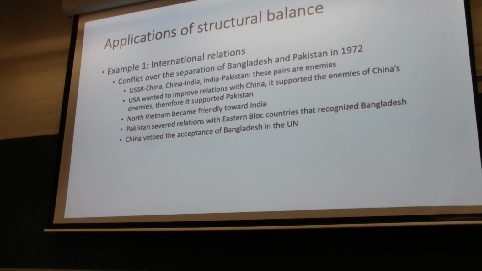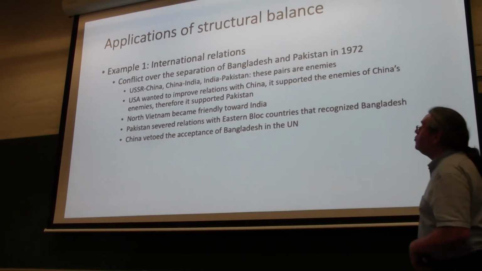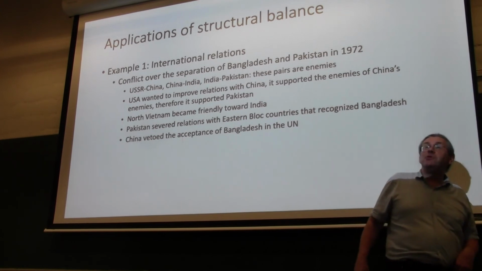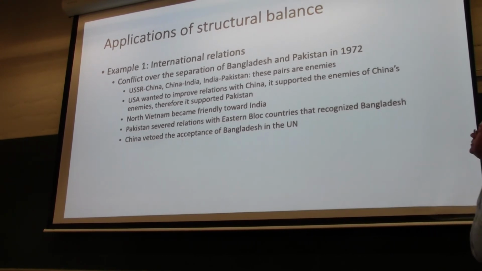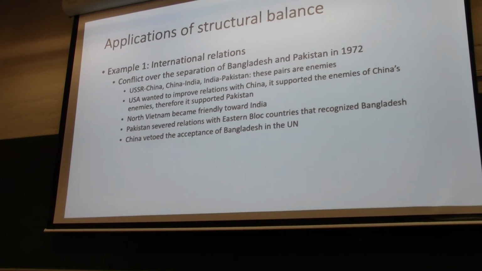I won't go over the full details, but in those days, there was a country called the USSR. Do you remember the USSR? Yes, I remember it well. It was an enemy of China. China was an enemy of India. India was an enemy of Pakistan. The United States wanted to improve relations with China, so it supported the enemies of China's enemies.